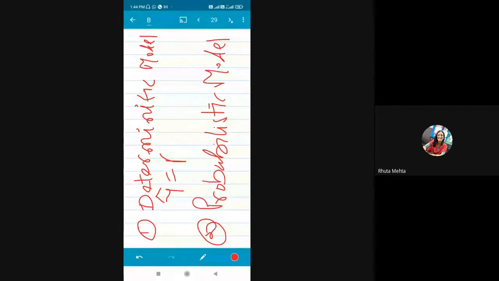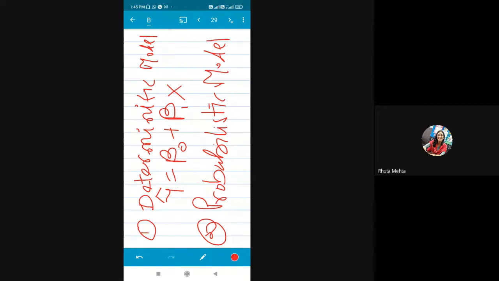Right? So where we are saying a deterministic model, at that time my regression model will be, see what I'm writing: y hat equals beta 0 plus beta 1 x. Y hat is the predicted, dependent value. Beta 0 is the y-intercept and beta 1 is the slope.